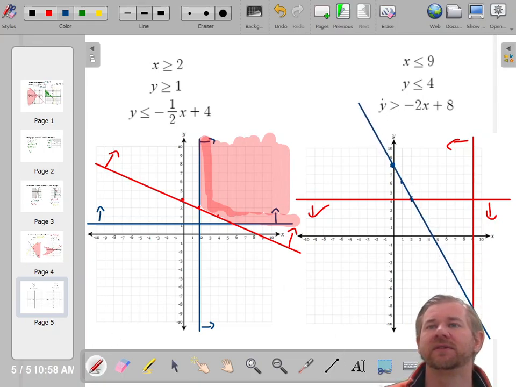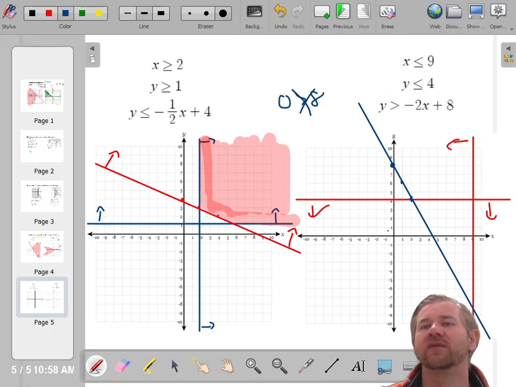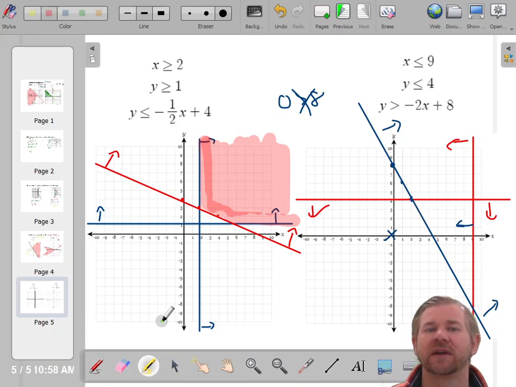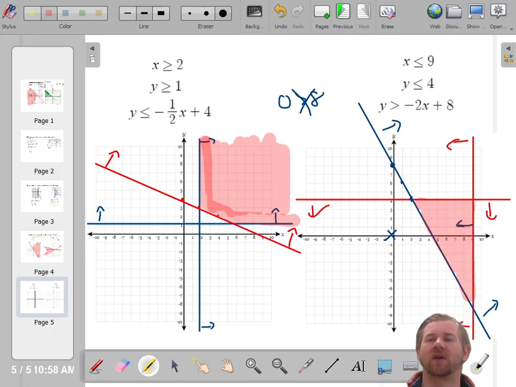And we want to test 0, 0. Is 0 greater than 8? No. So if this point doesn't work, we don't shade towards it, we shade away from it. So where's the overlap? To the left, down, and up. So it's this triangle right here. This is the solution set. Any point in there will work in all three.